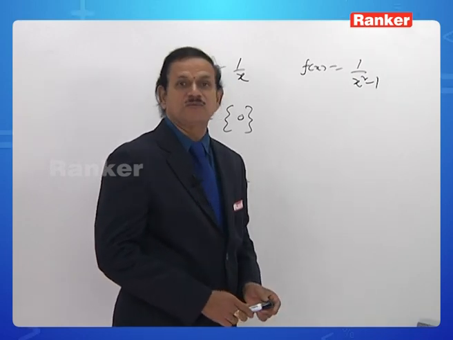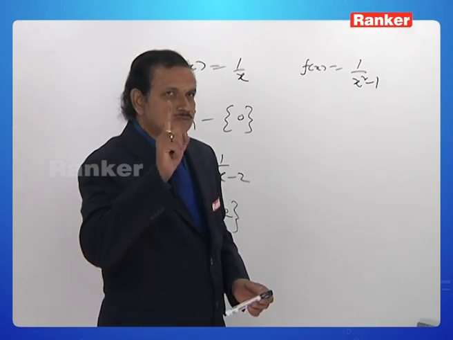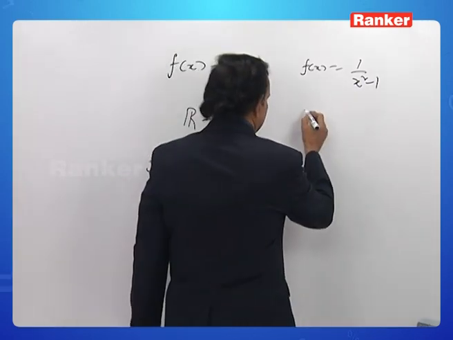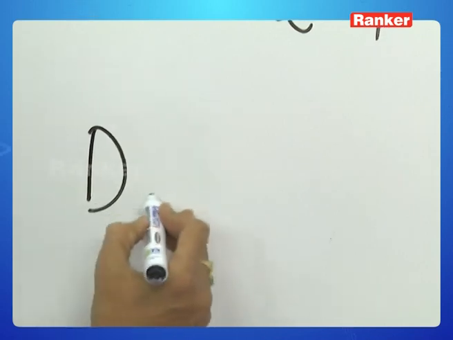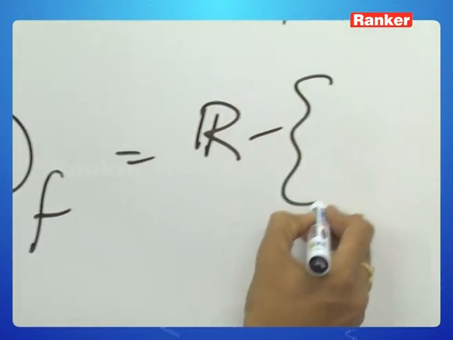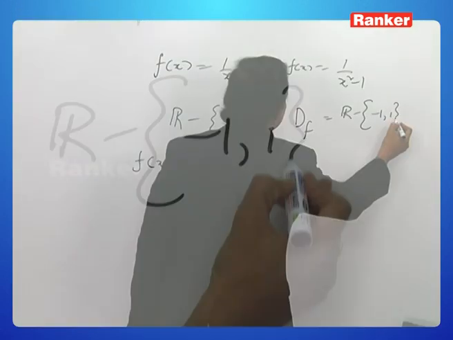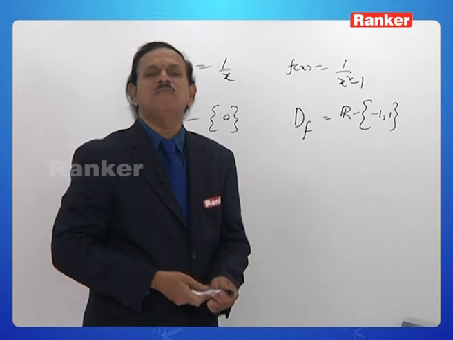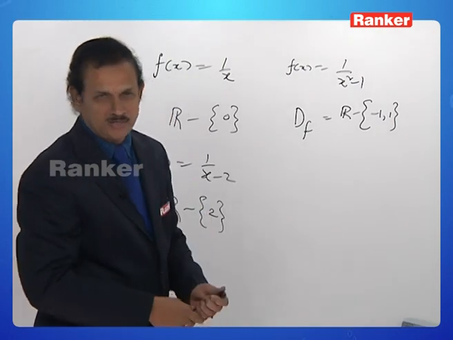Clearly, x² - 1 becomes 0 when x is 1 or -1. Thereby, we trace the domain of the function, denoted by D_f = R minus {-1, 1}. Like this, we will be able to give so many examples for this model.